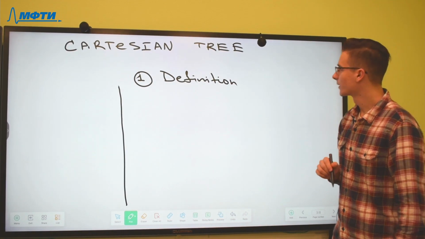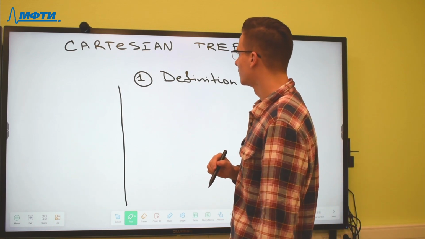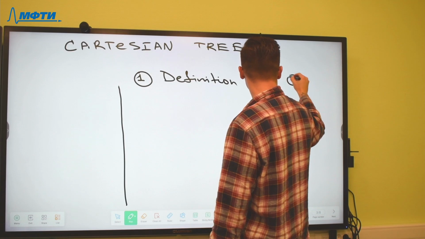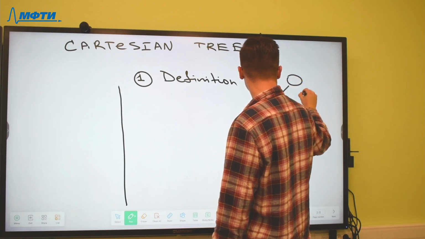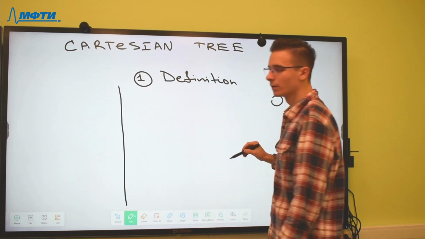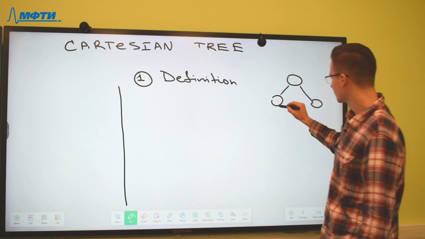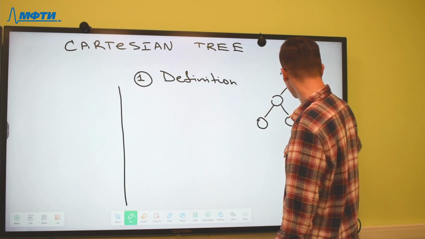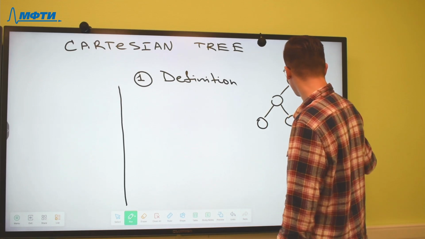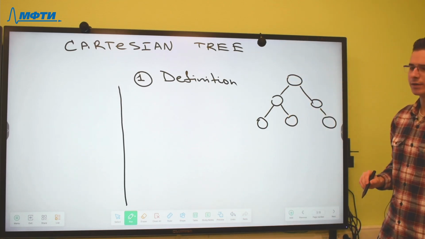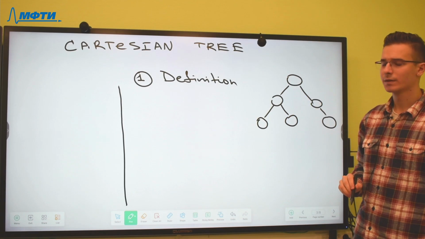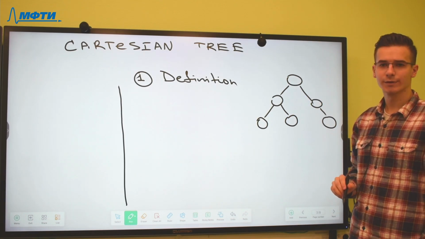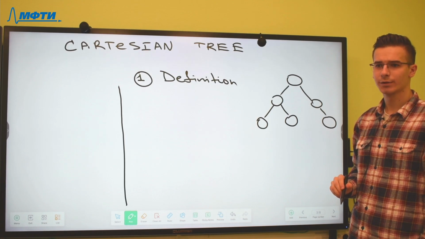No. Okay. You know that a binary tree is a tree where we can place nodes in this order, and you know that if we work with the binary search tree, we have one property. What is the property of a binary search tree?